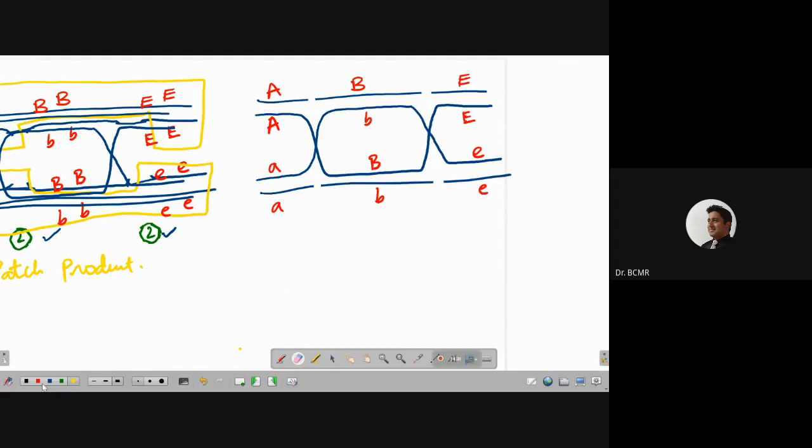Okay, and now we have to join them. I'm going to deviate a little bit so that you'll understand it better. This is joined to that DNA molecule like that, and this is joined to this DNA molecule like this. This one will be joined to this, and this will be joined to the other one like this.